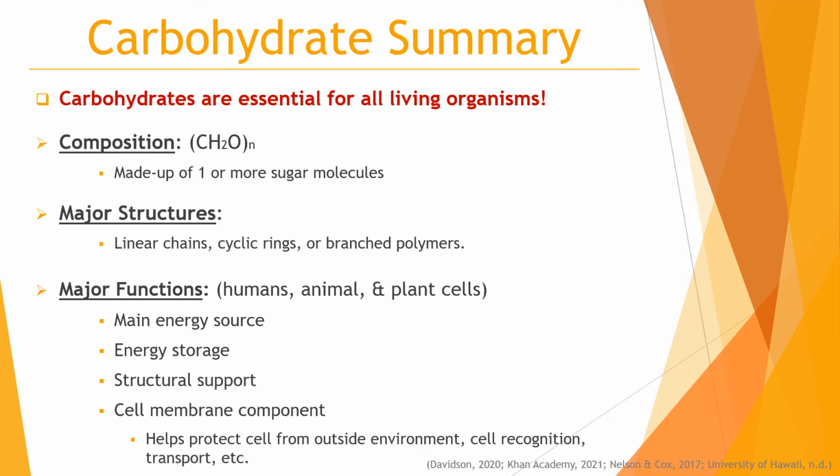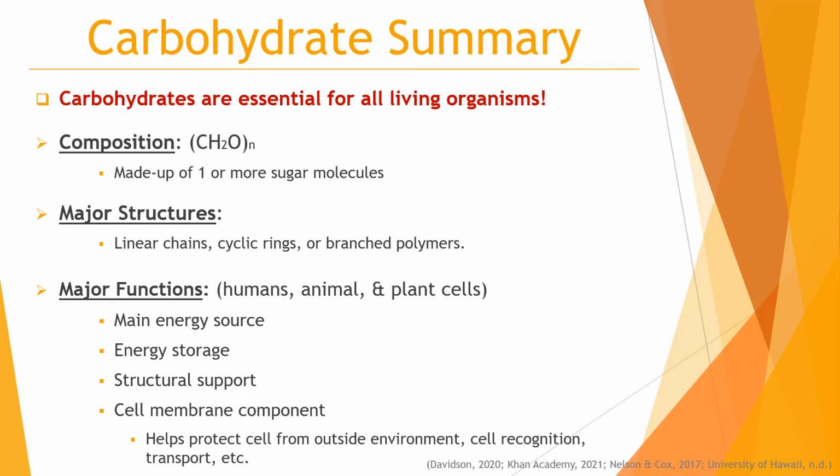So to summarize, carbohydrates are essential for all living organisms. They're composed of carbon, hydrogen, and oxygen at a 1-to-1 ratio, and they can be composed of one or more sugar molecules. The major structures can include linear chains, cyclic rings, or branched polymers.